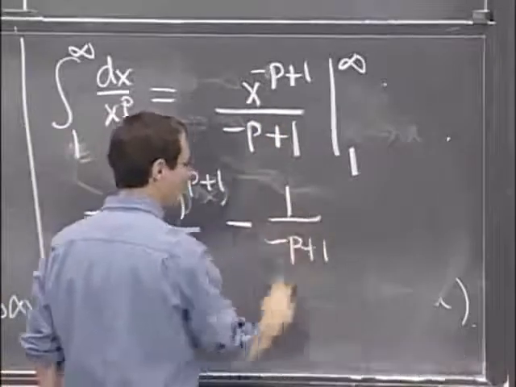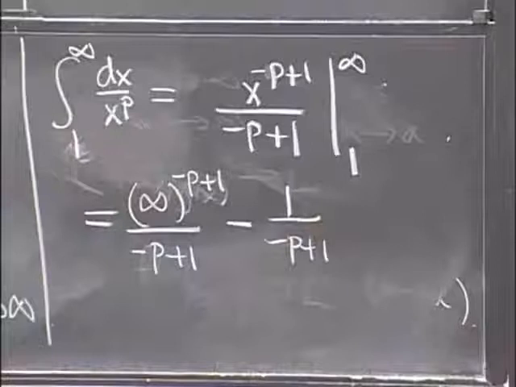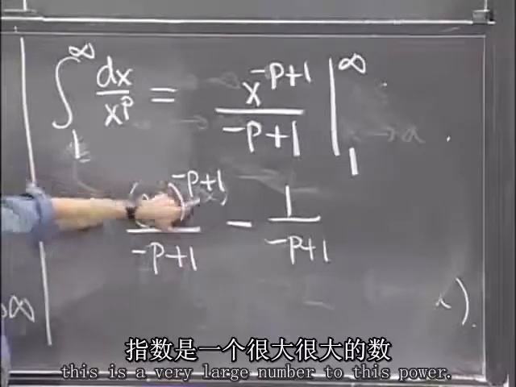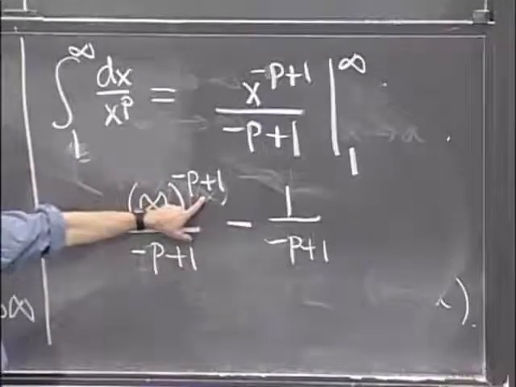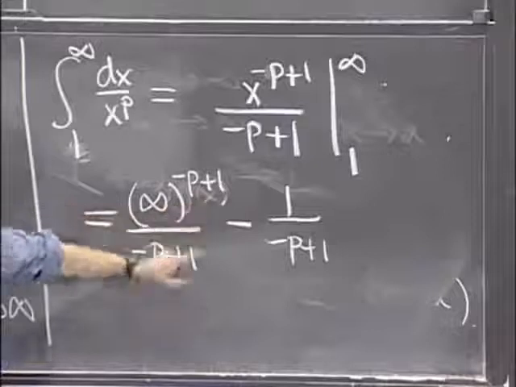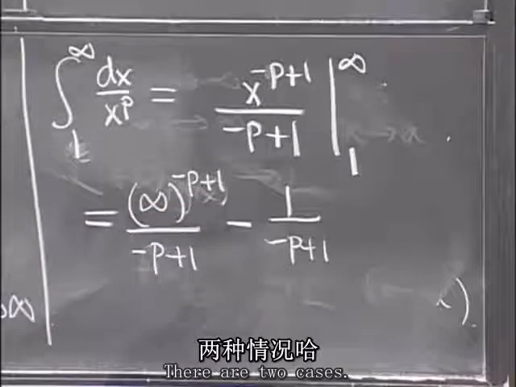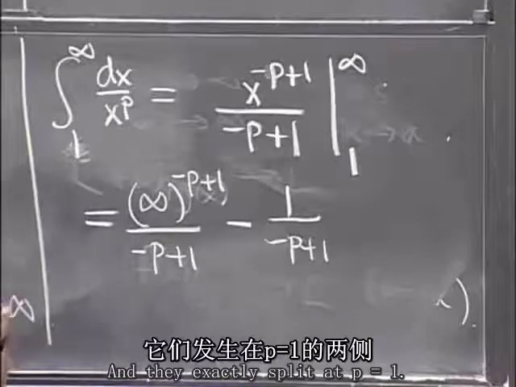All right, so this is what I'm getting. Again, what you should be thinking here is this is a very large number to this power. Now, there are two cases, and they exactly split at p equals 1.